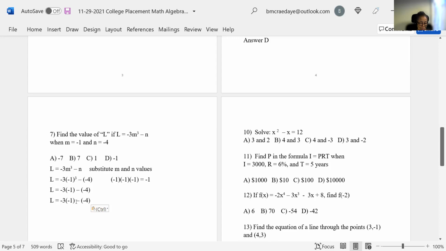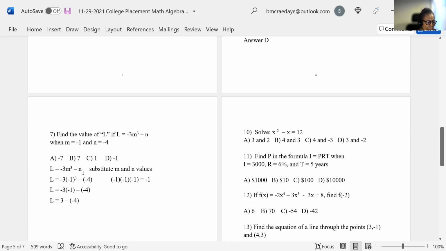Remember the rule. Plus 3. A minus times a minus gives you a plus. A plus times a plus gives you a plus. Remember your multiplication and division sign rules. Like signs give you plus, unlike give you negative. So a minus 3 times a minus 1 gives you just 3.